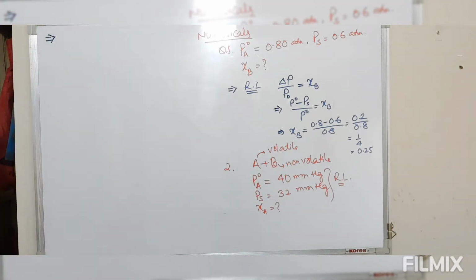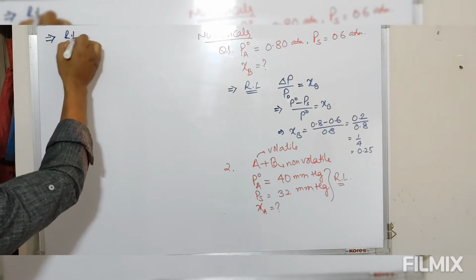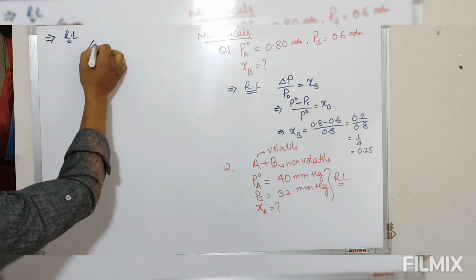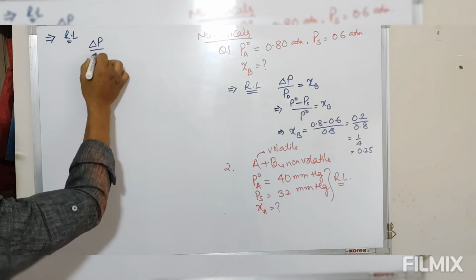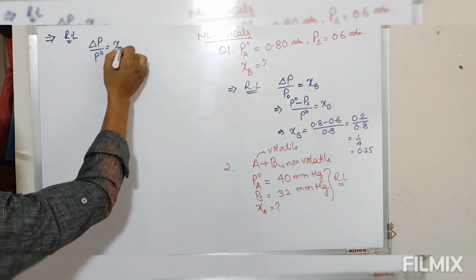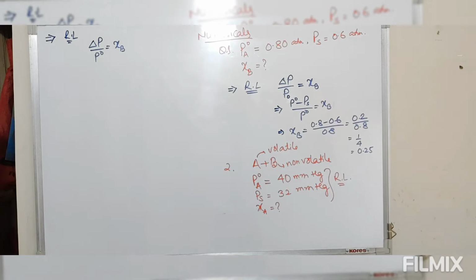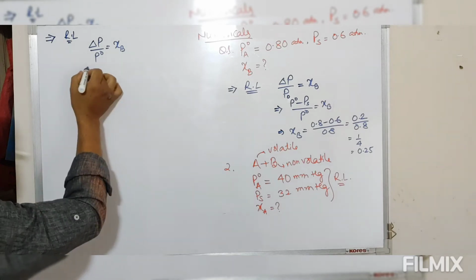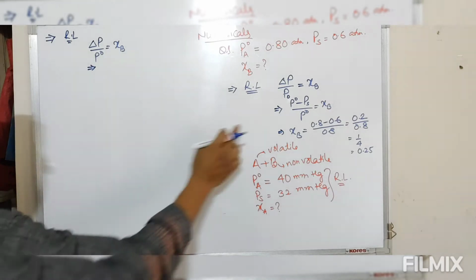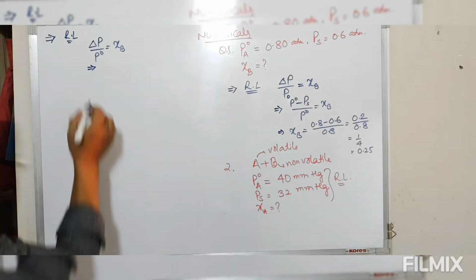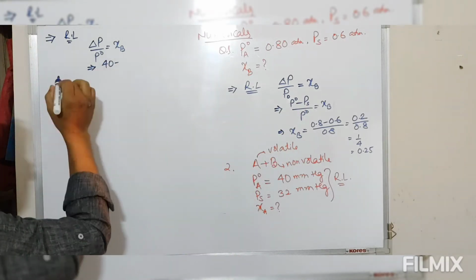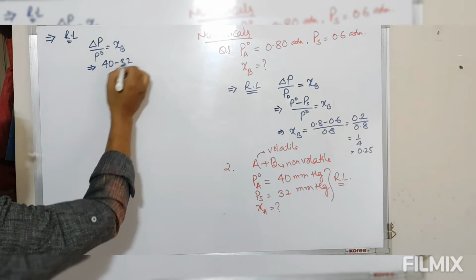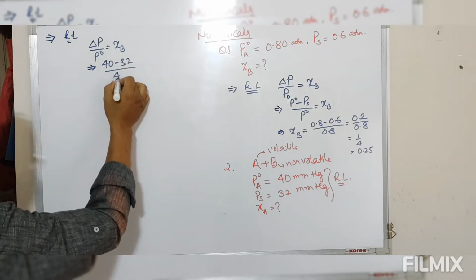From Raoult's law, ΔP divided by P naught is equal to the mole fraction of the non-volatile solute. ΔP is P naught minus PS, so P naught is 40, PS is 32, divided by P naught, that is 40.